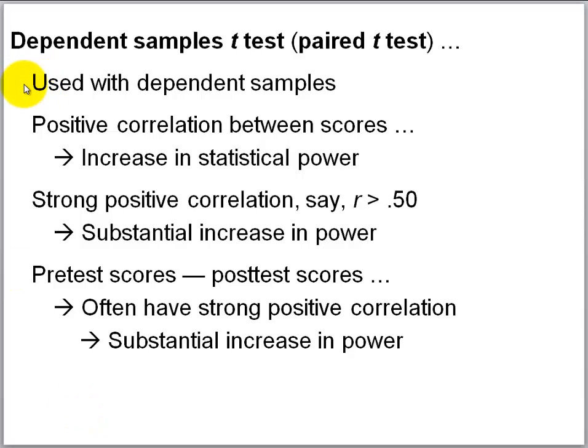So the dependent samples t-test is used with dependent samples. Now, when you have dependent samples, it's often the case that there is positive correlation between scores, which is to say, for instance, if a wife in a given dyad is positive regarding communication, then our best guess is that her husband will also be positive.